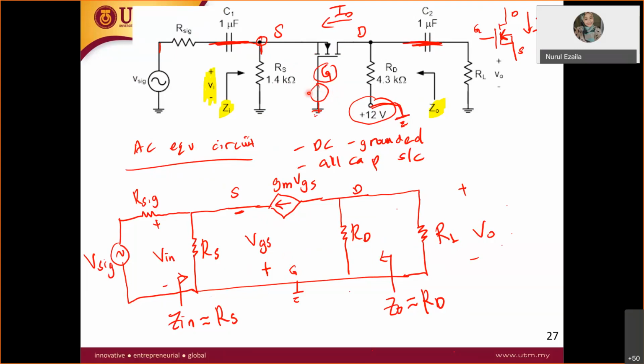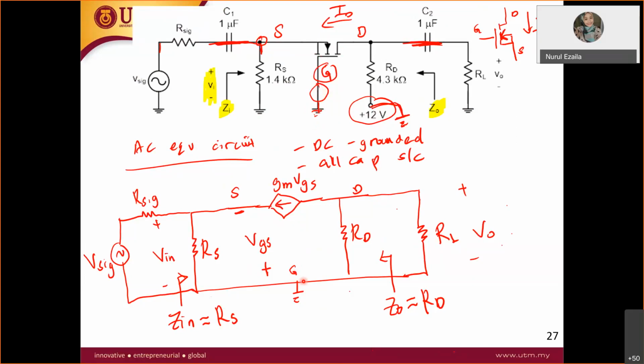If this circuit is drawn with RG, in the AC equivalent circuit you don't have to draw the RG. Why? Yes, Bayesian said because IG equals 0. IG is always equal to 0, and it is like a short circuit. So you don't have to draw the RG in your AC equivalent circuit.